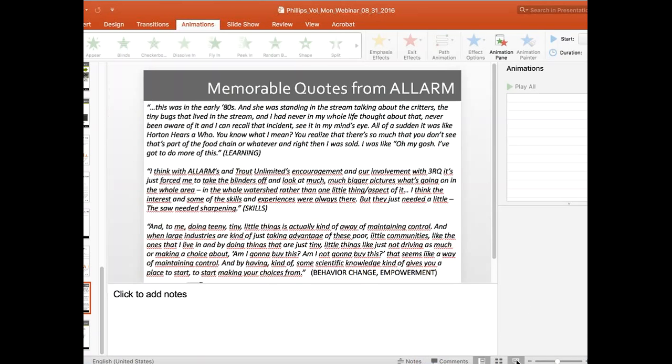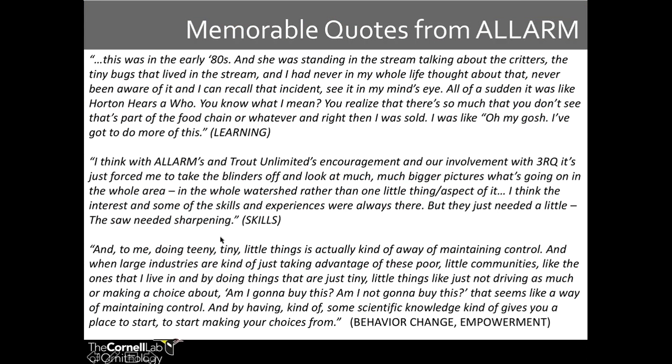That last one was really about behavior change and empowerment. I think that if you ask most project leaders, if there's one thing that they hope to influence, it is this idea of behavior change. And in particular with ALLARM, it's the idea that if you have data, you have power. Data gives you a voice to be heard.